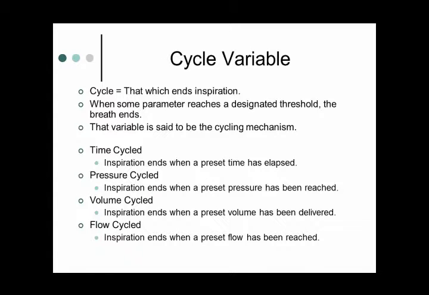Pressure control ventilation means that I rise to a target pressure, that's the limiting value, and I stay there until something else turns it off, and that cycle variable is time. I can be pressure cycled, like IPPB. I rise to my target pressure, ventilator shuts off.